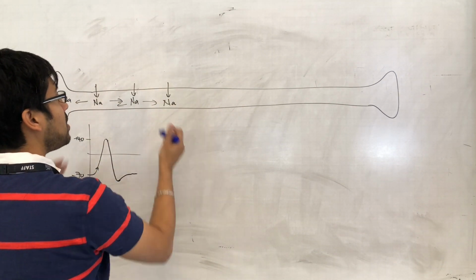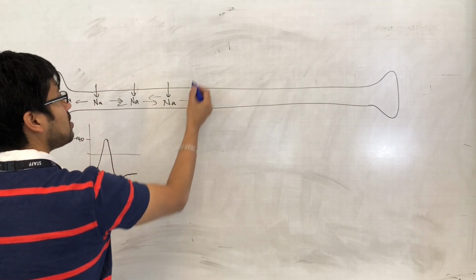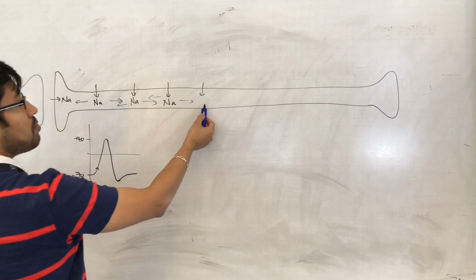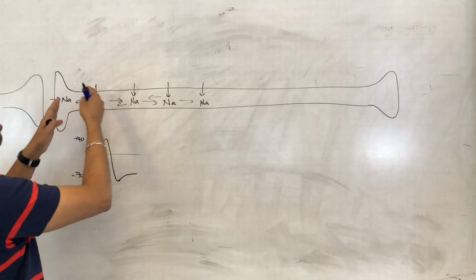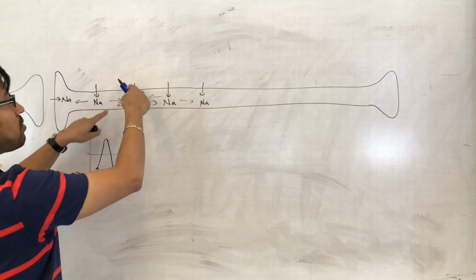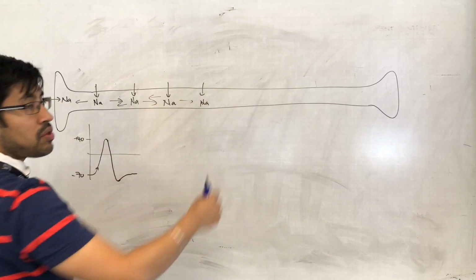When sodium comes in there, again, it can diffuse in both directions and open the voltage-gated sodium channels in the next area, and so the events of the action potential are propagated along the axon.